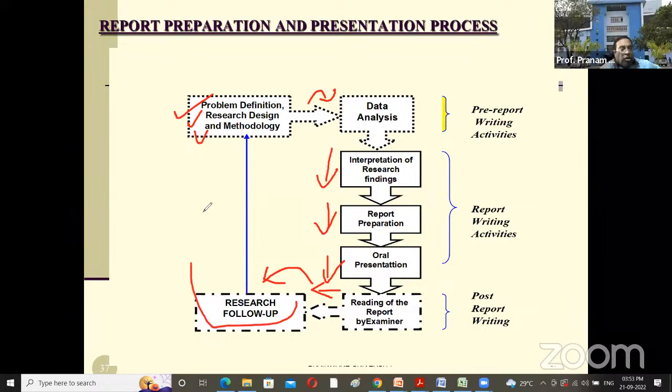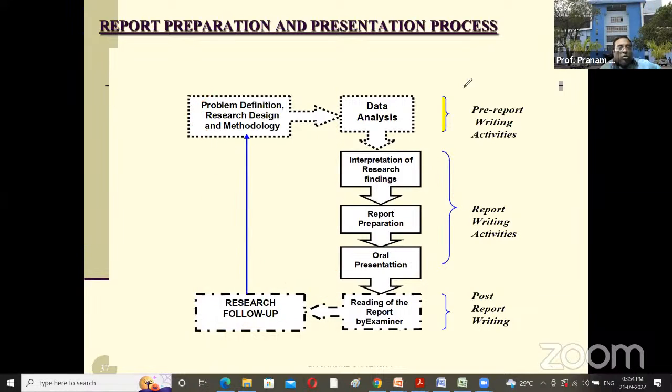If everything is okay, if it is your thesis, it is published. If it is your research article, then also it is published. If it is your thesis, then the viva voce is conducted and your award is given. So this is true for all researches like research papers, research articles, or the thesis.